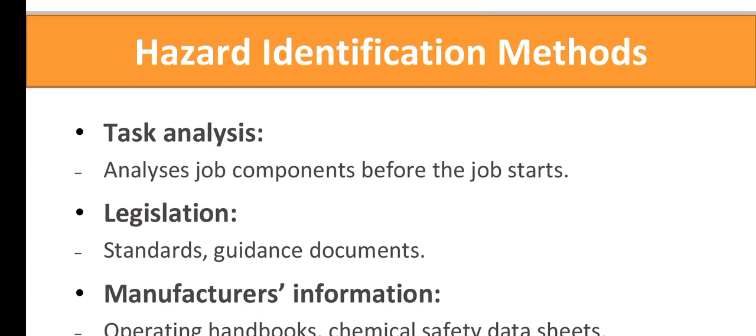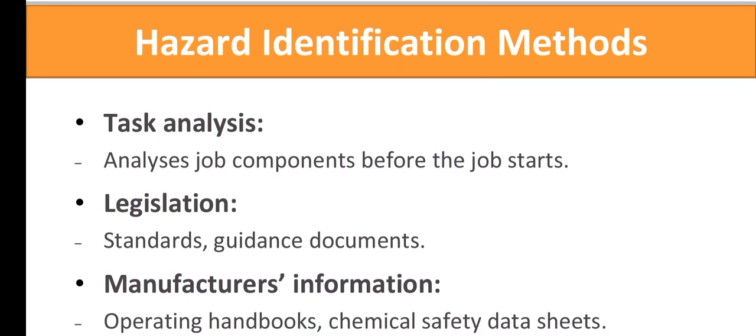We will break the job into components, and in every component or every part of the job we will identify the hazards, and we will give safe working methods for that. We will explain this in this lecture later.